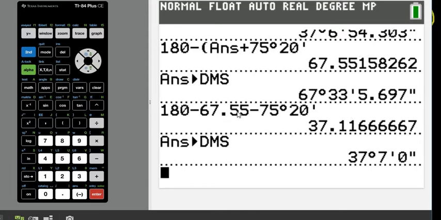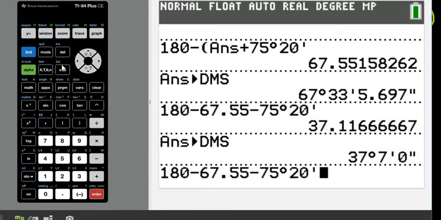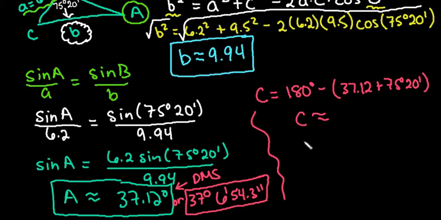Instead of the 67.55, let me go back up here. I didn't mean to put the 67.55 because that's what we found for the first one. I meant to put the 37.12. Okay, so just know that if you round, it's going to cause your answer to be a little bit different.